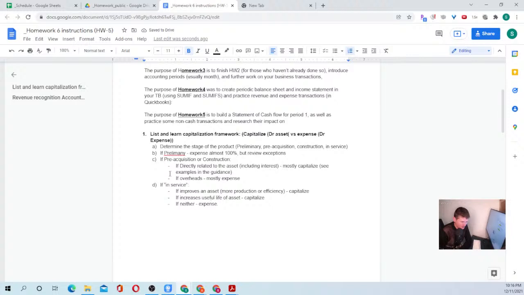So that framework may deal with most of your headache related to PPE capitalization, but you will have to look into guidance regarding various kinds of expenses. You want to make your list, but whatever is directly related. If your worker works on that project, it's direct expense. If your equipment works on that project and you have a depreciation expense, it's a direct expense, and so on.